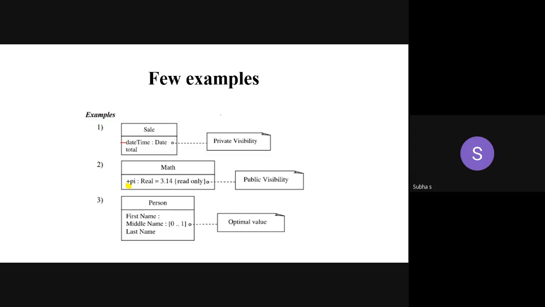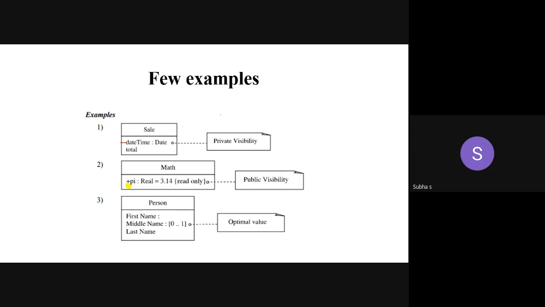Next, look at the third example. You have a class called Person. What are the different attributes that are given? First name, middle name and last name. In the middle name, they have mentioned the multiplicity 0 to 1. The middle name is having what? 0 to 1 number of characters. That is the default meaning.